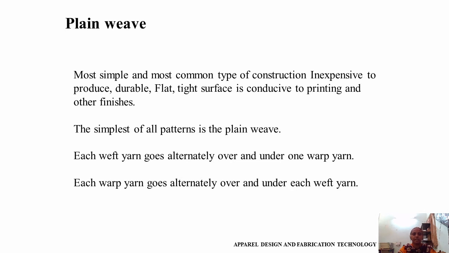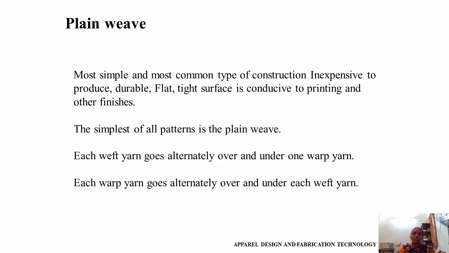Each weft yarn goes alternately over and under one warp yarn, and each warp yarn goes alternately over and under each weft yarn. So plain weave is the simple and common type of construction. It is inexpensive to produce, durable, with a flat and tight surface, and it is conducive to printing and other finishes.